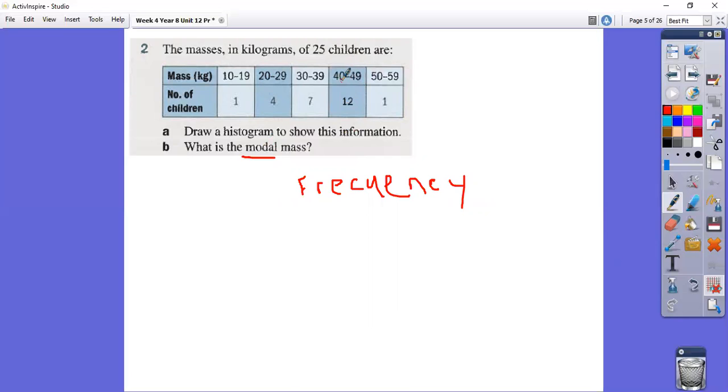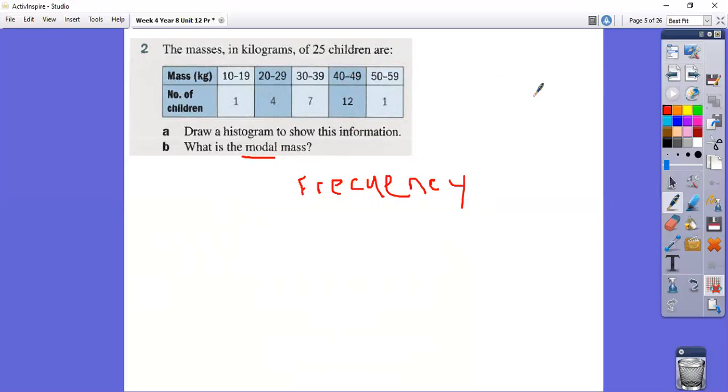All we know is that there were 12 between 40 and 49. So we can say the modal class, the one with the highest number of repetition, was between 40 and 49. Because this is grouped data, we don't have individual weights of each child. All we can say from the grouped data is that the modal class was here.